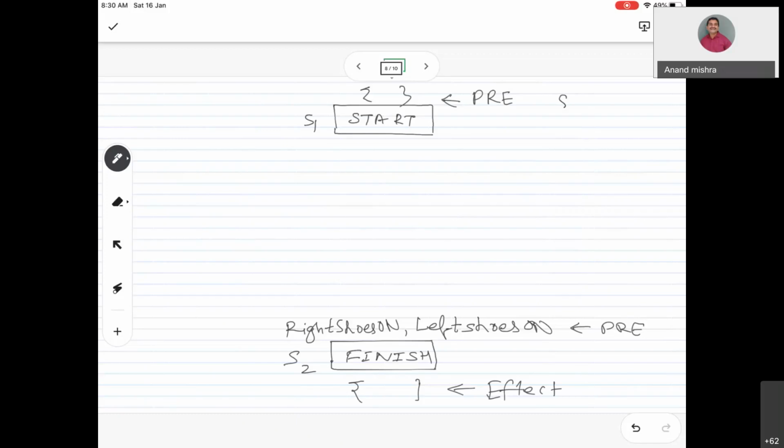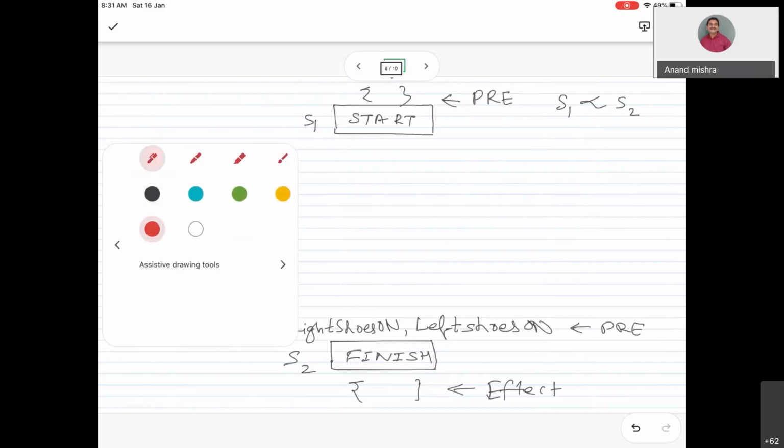S1 must start before it. So it's a very trivial ordering thing, but there is no causal link. You cannot really connect S1 and S2. Why? This is wrong, right? So maybe you can draw that using a red line.